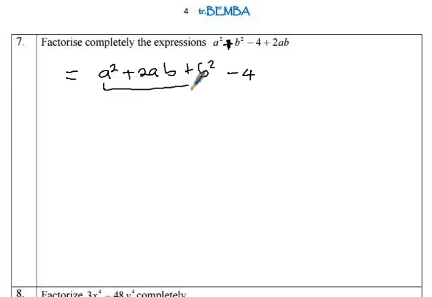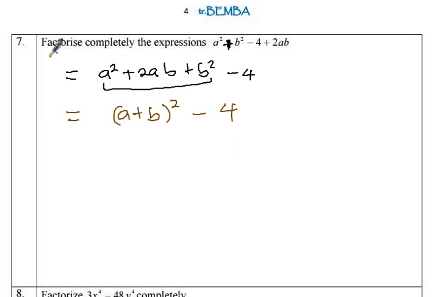This first part simply represents the identity (a plus b) squared. If I expand this, I'll get this, right? Then I have minus a 4, okay?